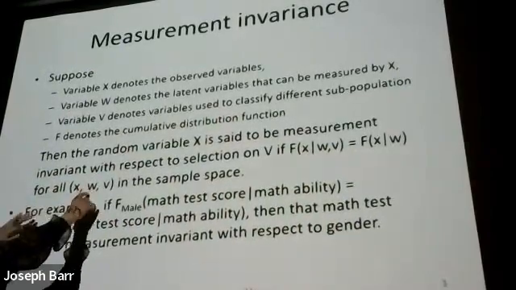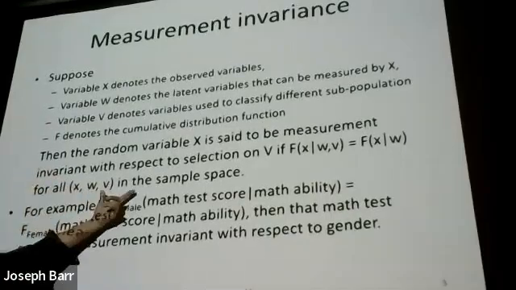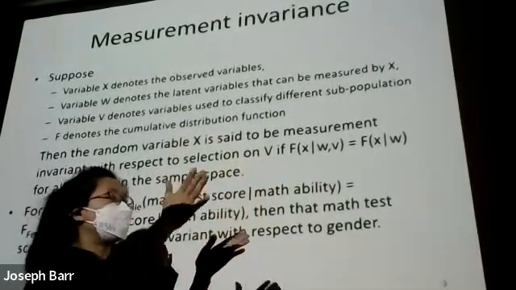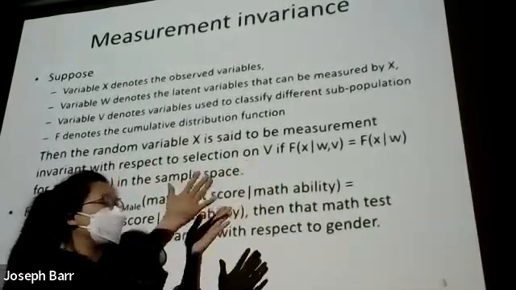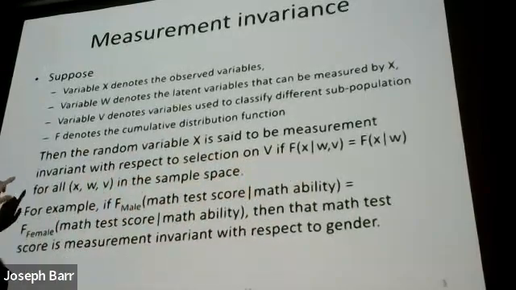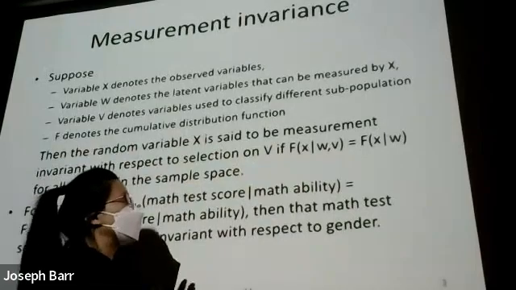Okay, this is the definition. It is said to be measurement invariant with respect to selection on V. V is a grouping variable, with different values of V for different groups. If X is measurement invariant, what's the condition?